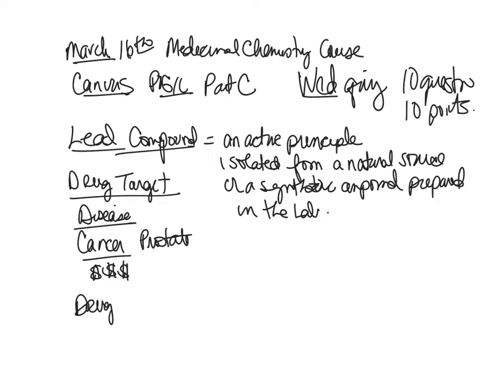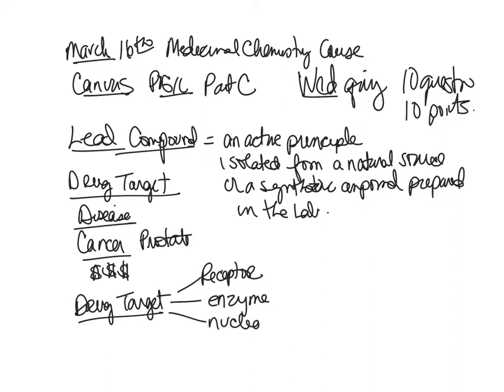And then you find your drug target. Hopefully you can find the receptor, and maybe get an X-ray crystallography structure of that. It could also be an enzyme inside the cell, or it could be a nucleic acid. Once you figure out your disease, then you find your drug target.